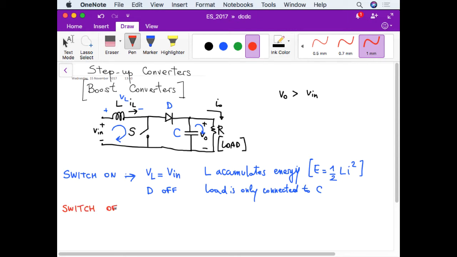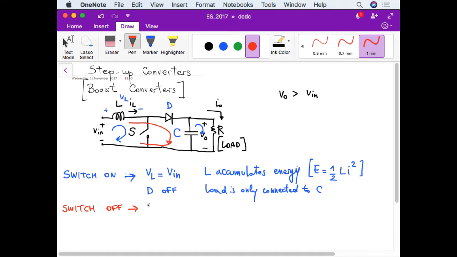off. We have a different situation when the switch is off. What basically happens is that we are trying to remove current from the inductor because we are, let's say, detaching the input voltage from the inductor. And what happens is that this voltage increases until the diode starts to conduct and the current flows in this direction.